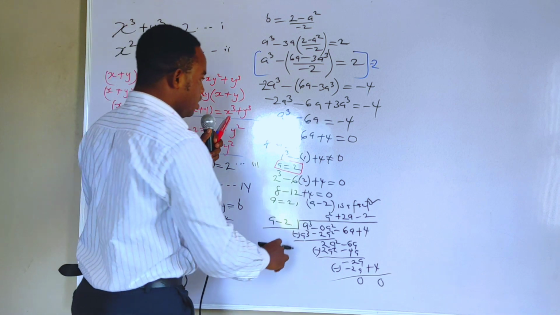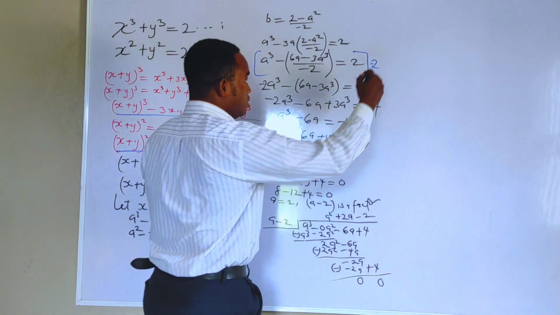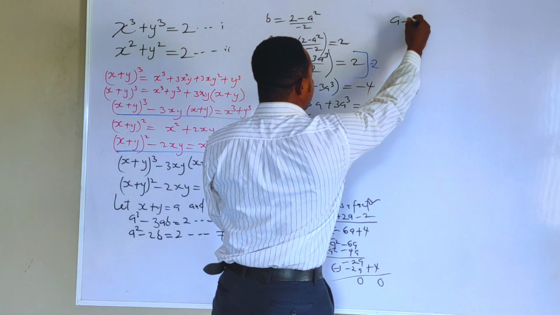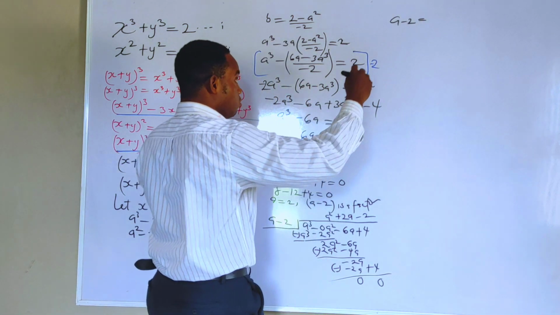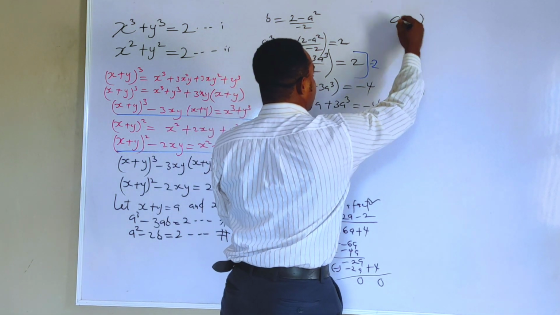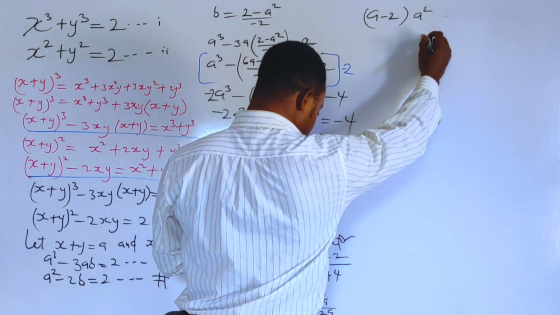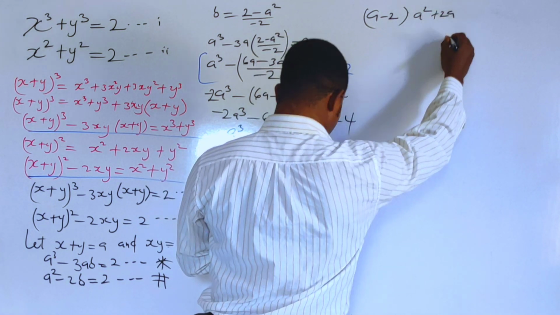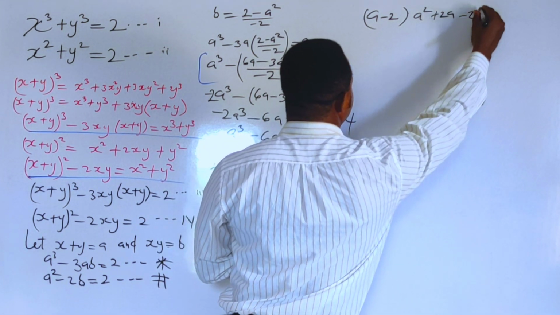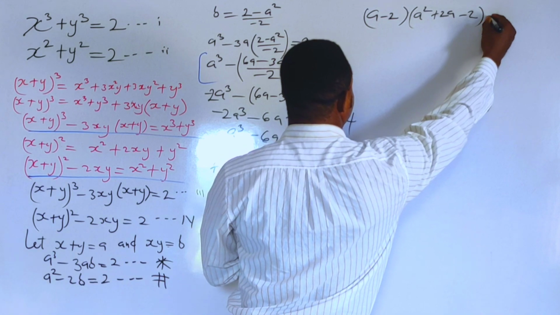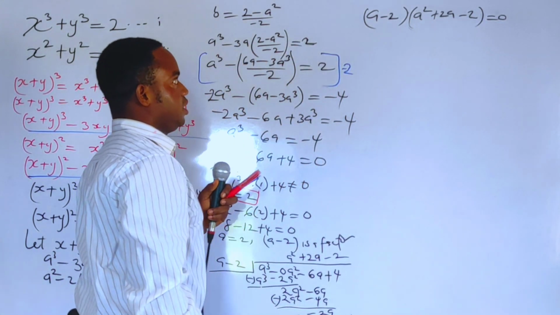So the cubic equation is now reduced into a minus 2 times a squared plus 2a minus 2 is equal to 0.